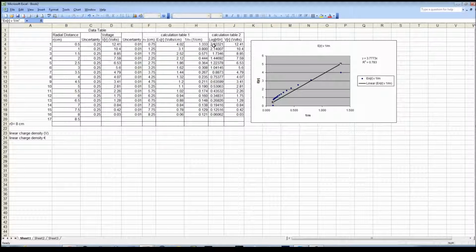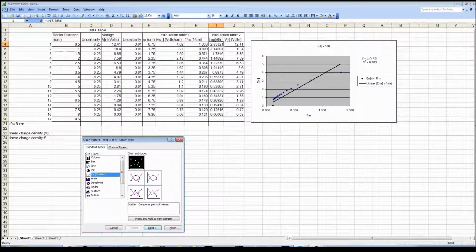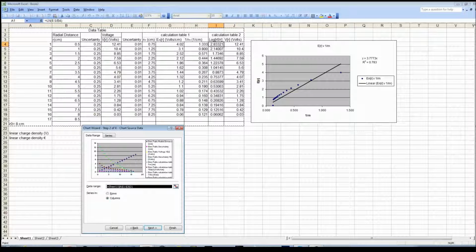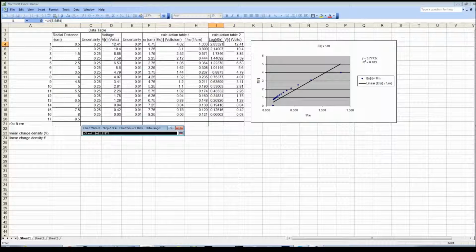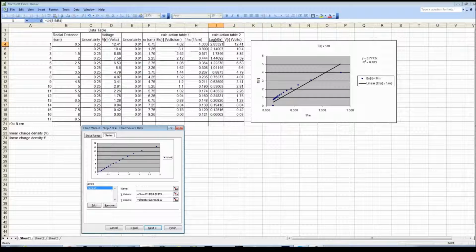And now it is time for our second graph. So we will insert chart, another XY scatter plot. We'll use, and let's see, we want volts versus log. So I believe this time it's the right way around. 141 to 141, yes it is.